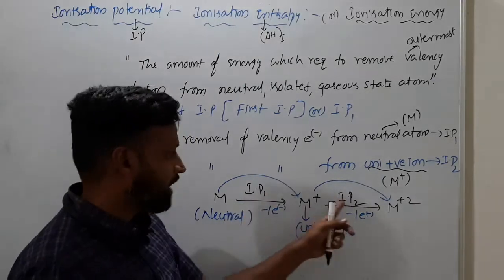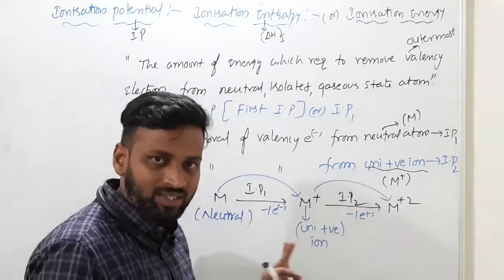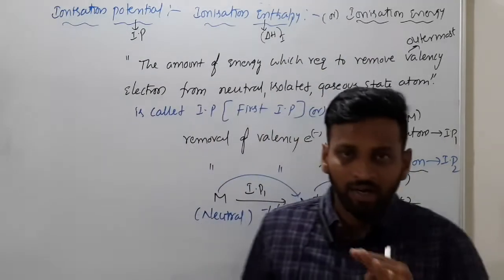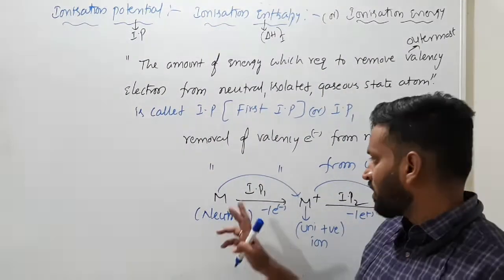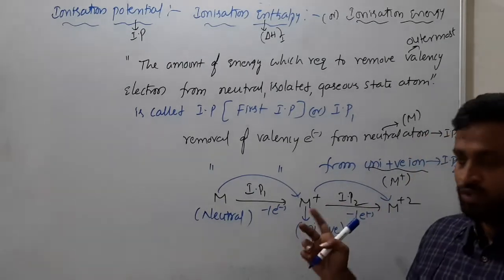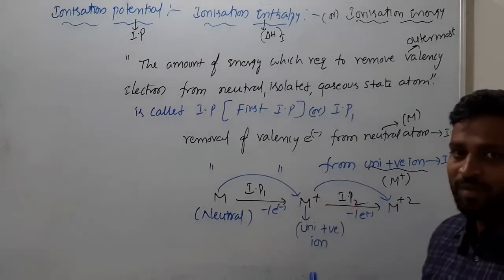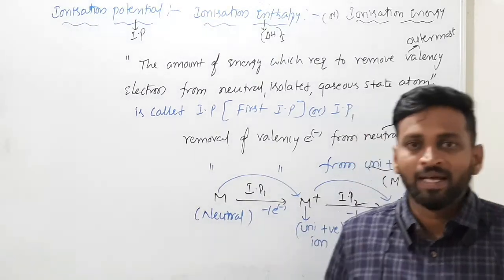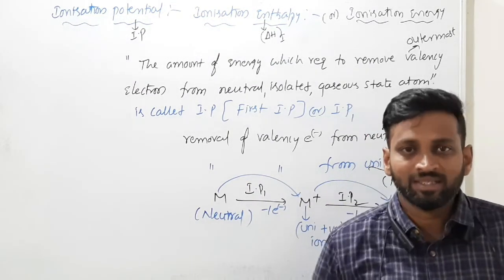But without IP1, IP2 won't happen. First you have to remove an electron from the neutral atom, then you can remove an electron from the uni positive ion. Directly IP2 you cannot, because in nature atoms exist like that.